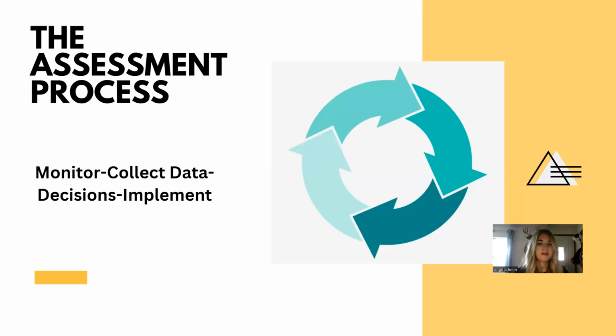This is described as a cycle because the process of monitoring, collecting data, and changing the instruction is ongoing. The student's IEP is not set in stone. It's not something they write down and that's what it's going to be that whole entire year. It can change based on the student's progress, needs, and disabilities.